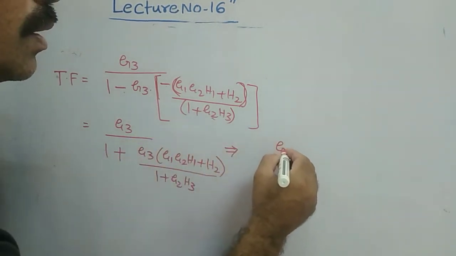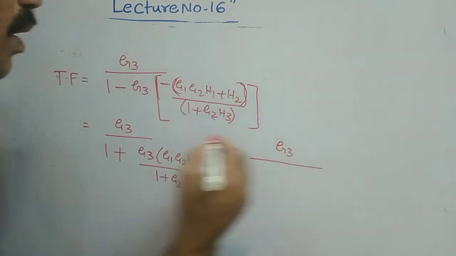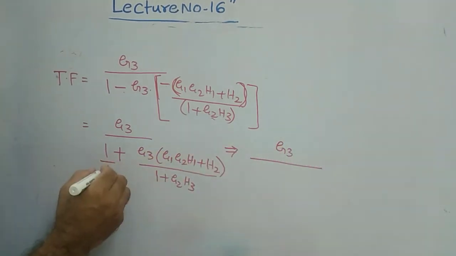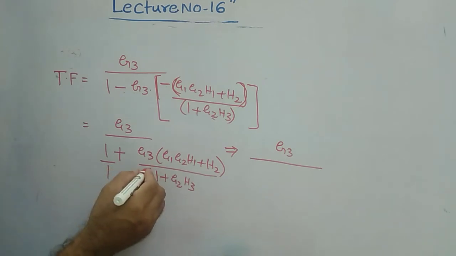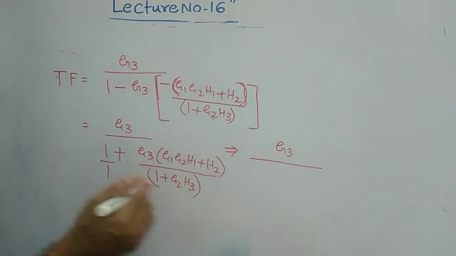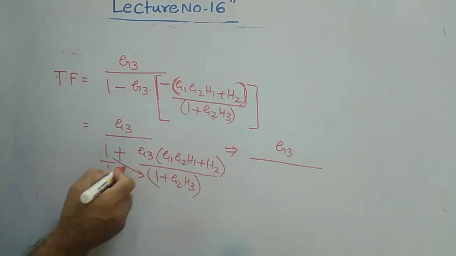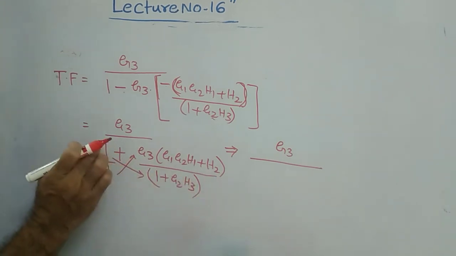And this implies, what is your answer? G3 by, take cross multiplication here, like this: 1 plus G3 is multiplied with 1. So this will be multiplied with this one.